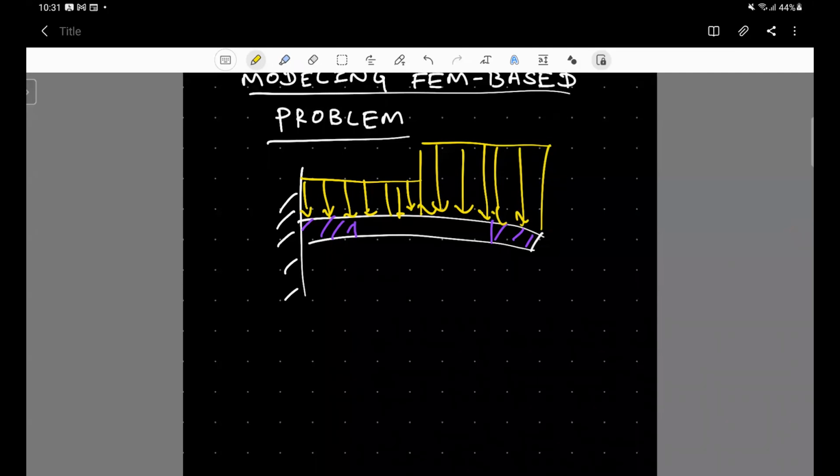Then you have to have an intuition as to what type of material you would use, what type of element you would use to model this finite element problem, and what the mesh would look like when you are developing such a problem.